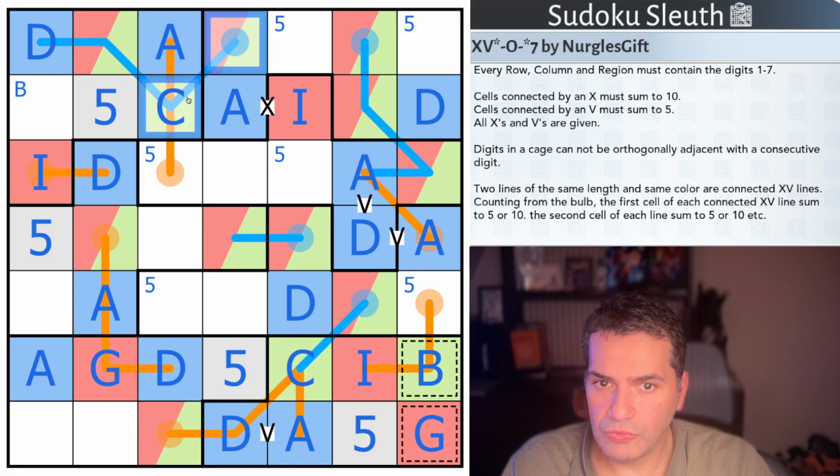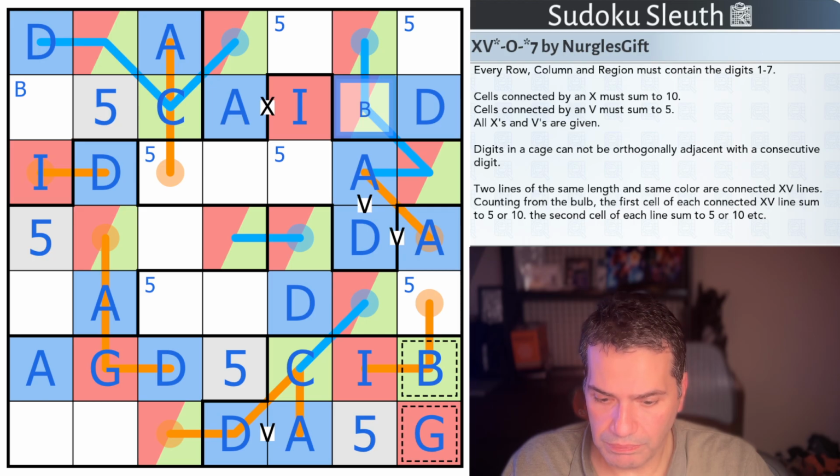Now, this 4-cell arrow, this C, is pairing up in here with either B or G. Both work.